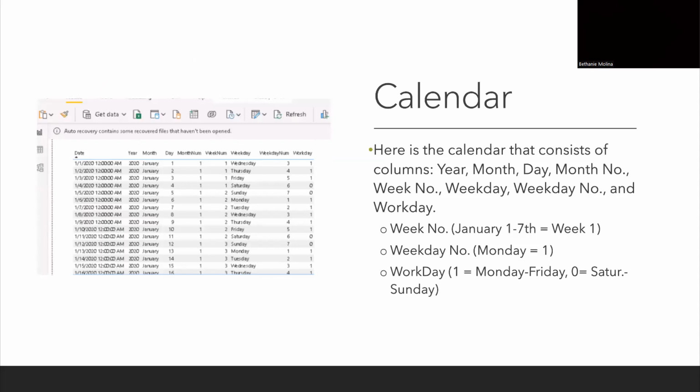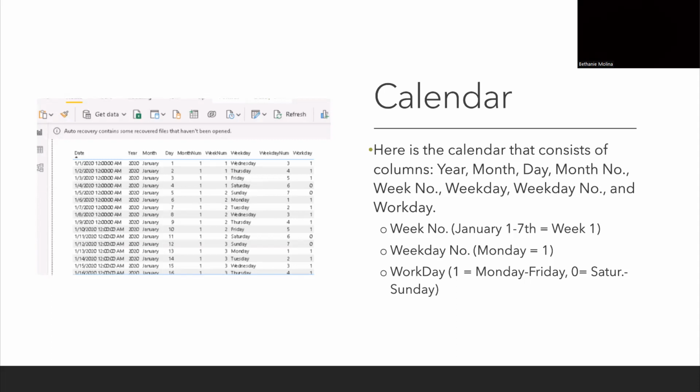Now we have moved on to the calendar. This calendar was created in the Power BI DAX. The calendar consists of many columns, such as the year, the month, the day, the month number, week number, the weekday, the weekday number, and work day, including the date itself along to the left.